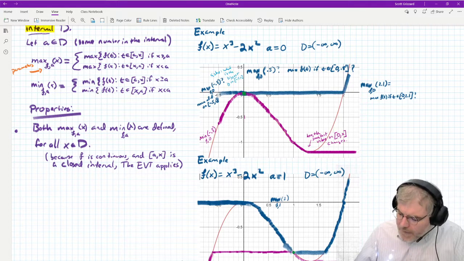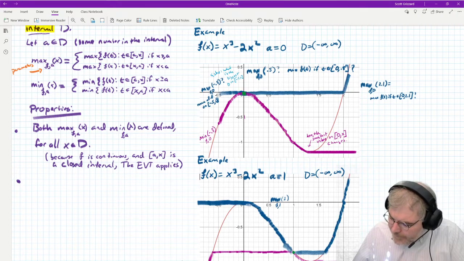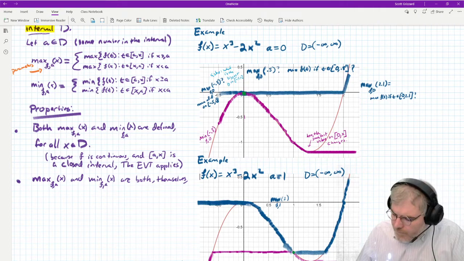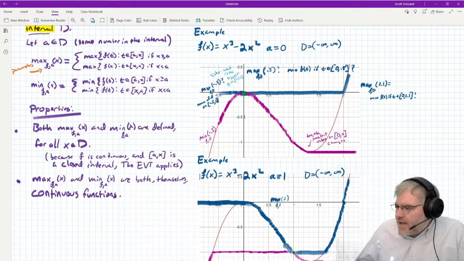Okay. Another second thing about this. The other thing that's important about this is that both of these functions are continuous functions.